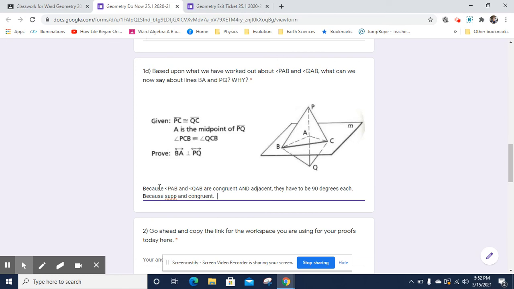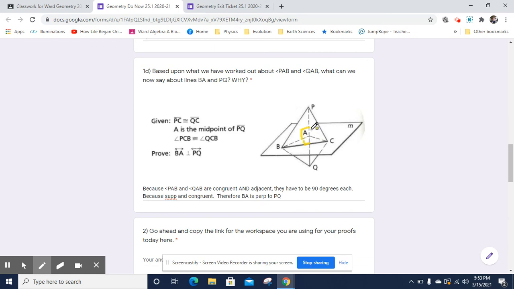Because they're supplementary, they add up to 180. If they're congruent, two things that add up to 180 that are the same are 90 degrees. Therefore, BA is perpendicular to PQ, because that's the definition of perpendicular. It makes right angles.